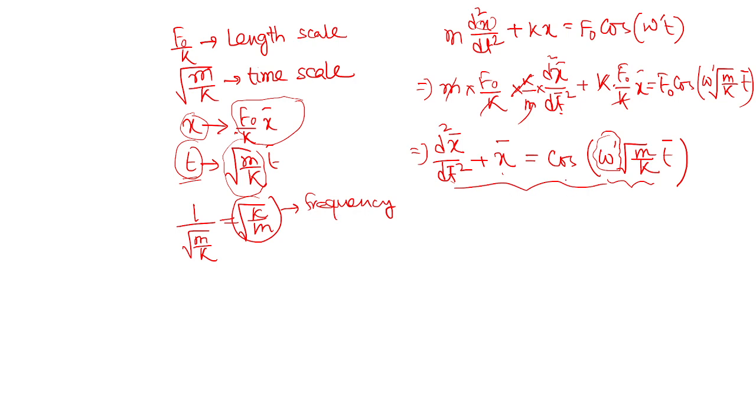But if we replace omega prime with omega times root under k by m, the dimension will be absorbed in this, and this will be a pure number. So if we replace that, we can see that this k by m will cancel out, and let us suppose this is omega bar. So the equation that we are left with is this.